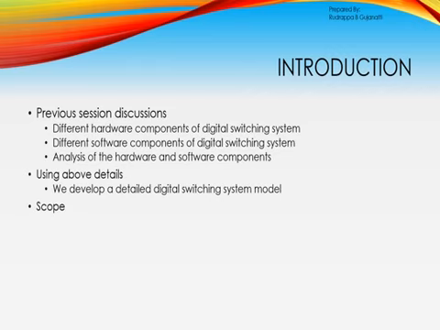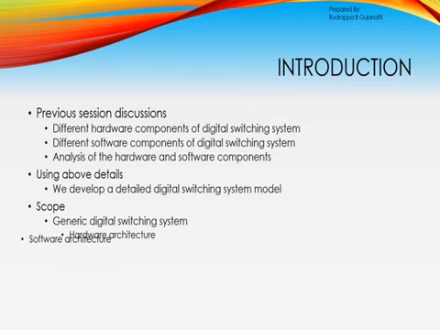So what is the scope of this entire part of this module? In this module we'll be trying to go through what a generic digital switching system is, then what the hardware architecture under it is, and what the software architecture required for the same is. And then we'll look into the functionalities of the digital switching system.